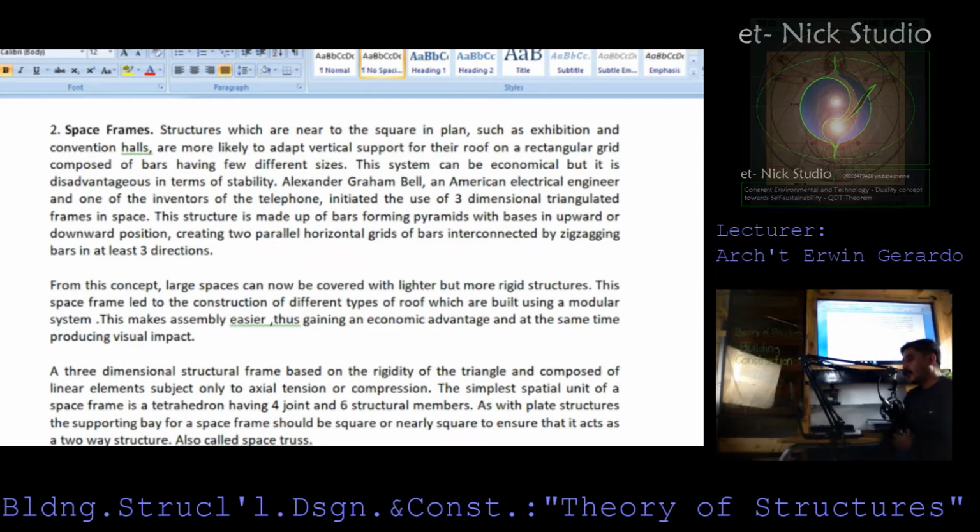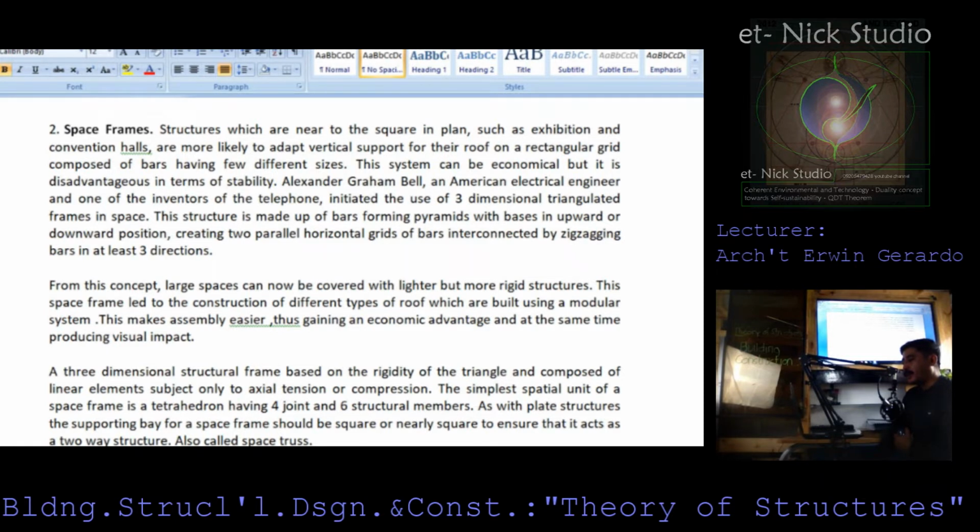This structure is made up of bars forming pyramids with bases in upward or downward position, creating two parallel horizontal grids of bars interconnected by zigzagging bars in at least 3 directions.